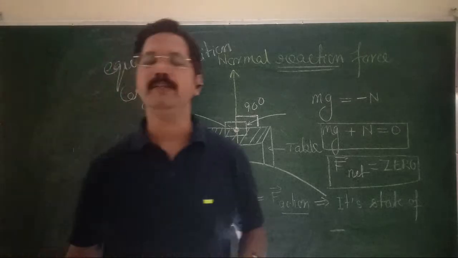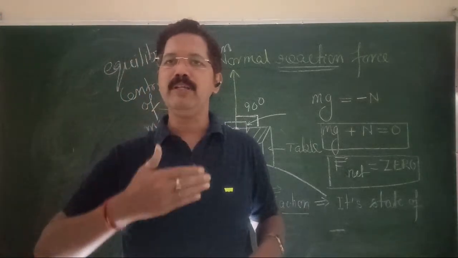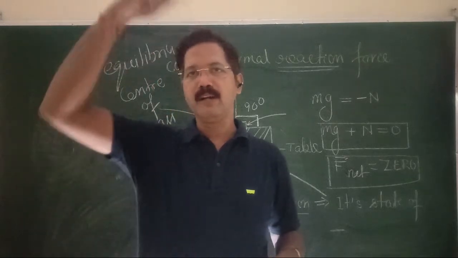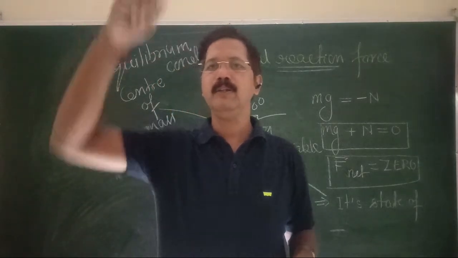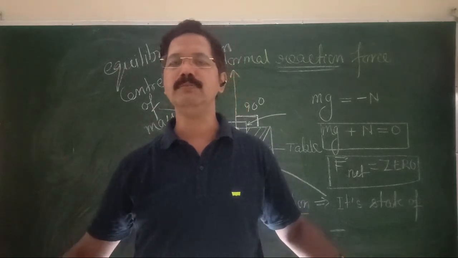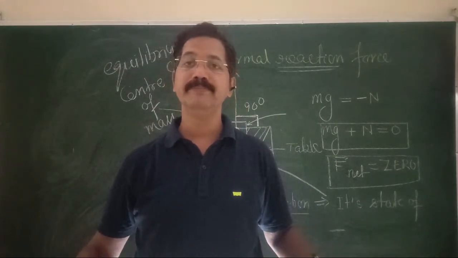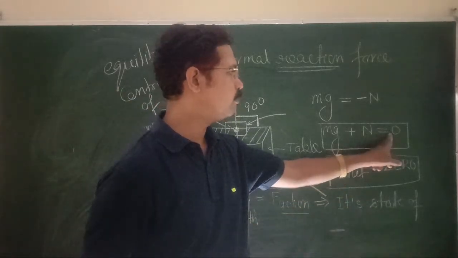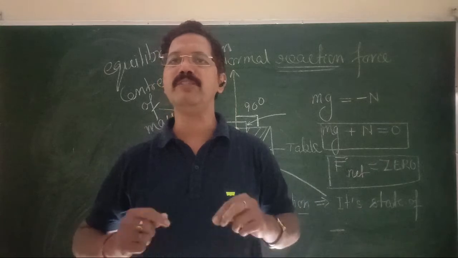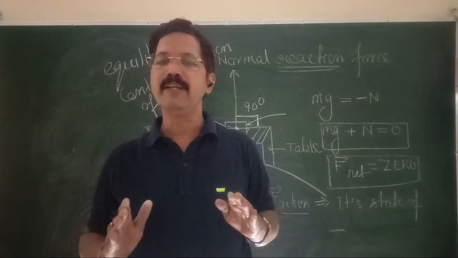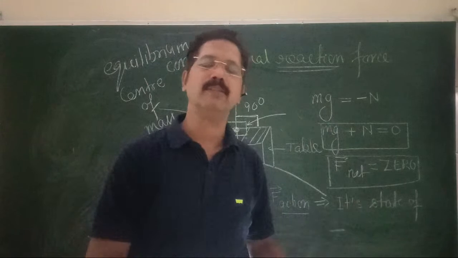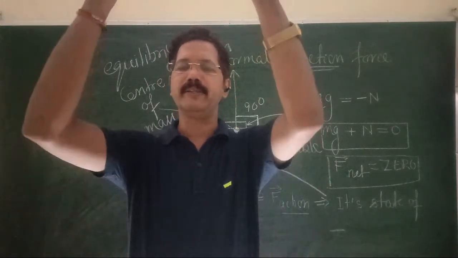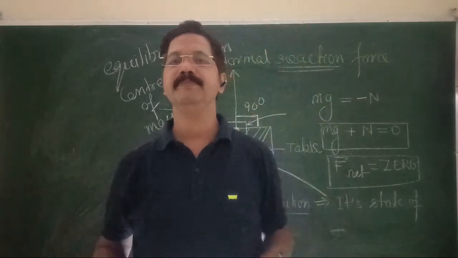See, on my body, my body has force of action mg. Reaction is upward at a right angle to the floor of the classroom. So action and reaction sum to 0. It means the net force on the body is 0. That is why I do not fall down through the earth, and I do not move in the sky in the upward direction.